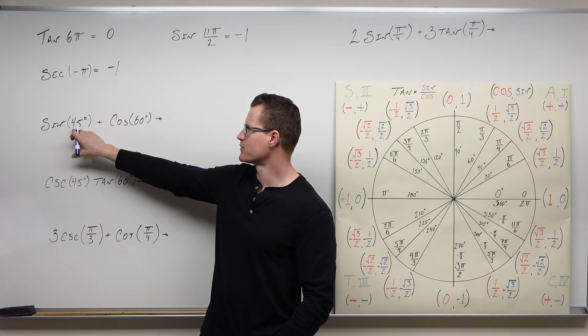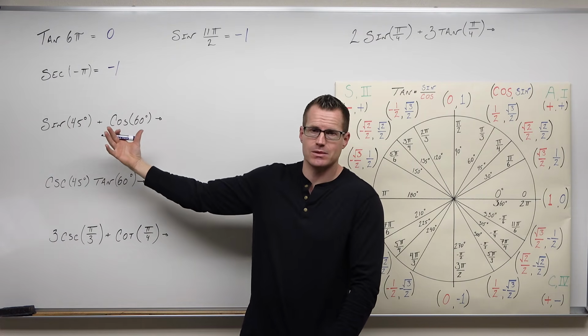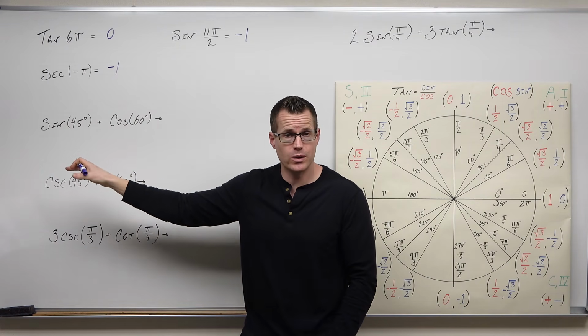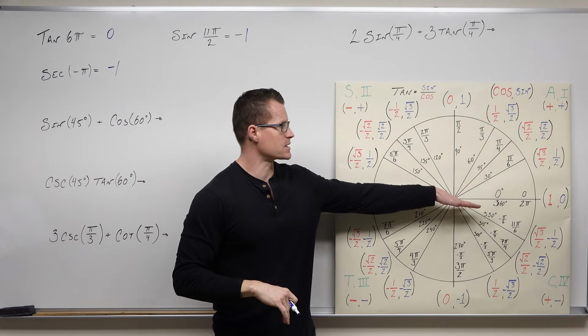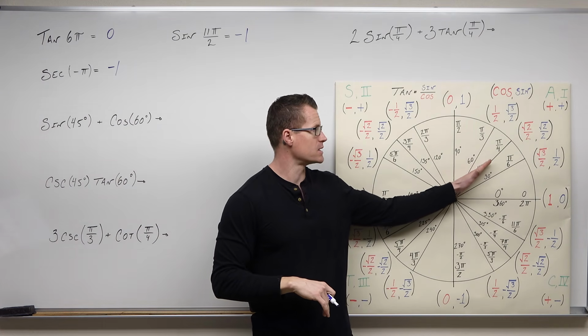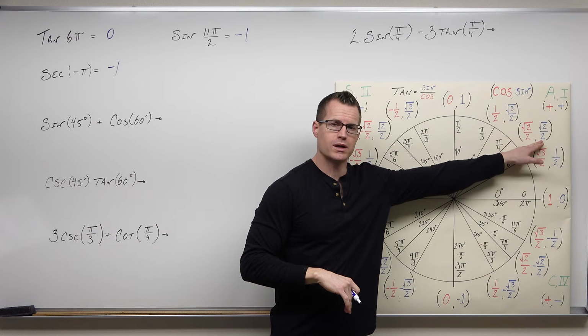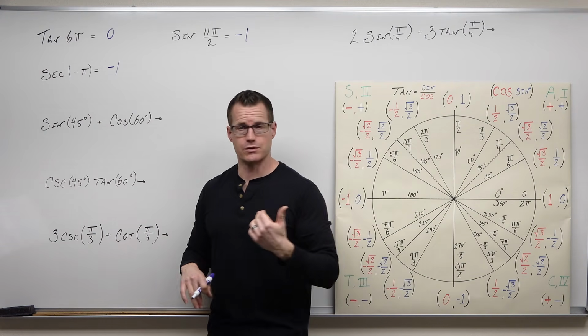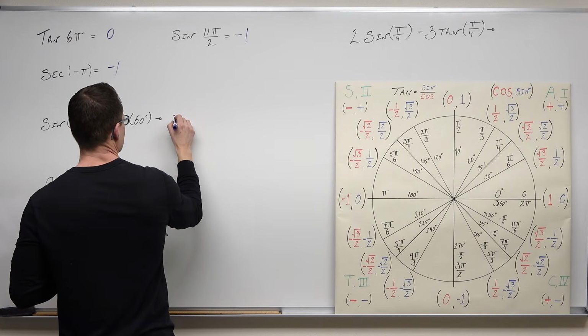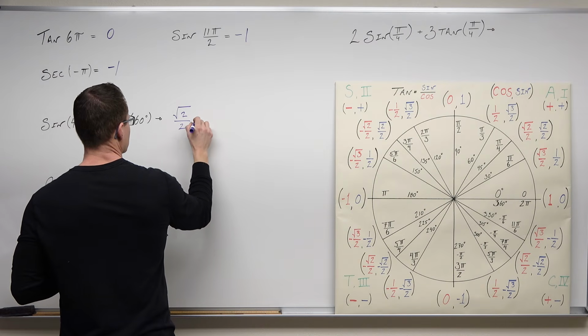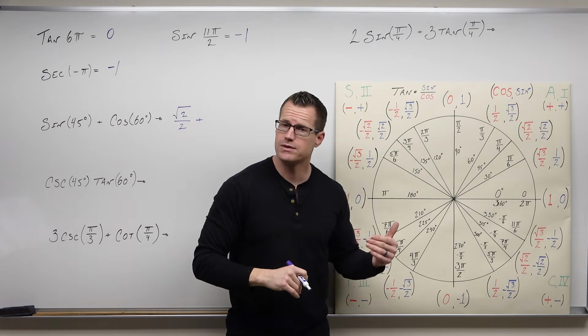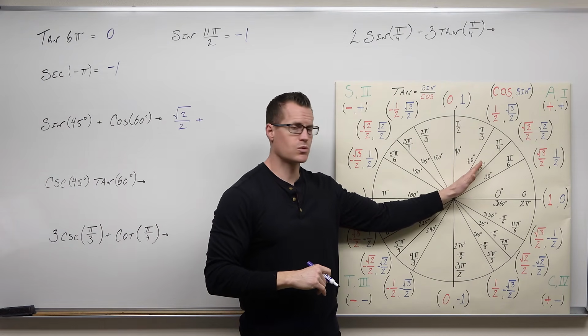So let's take a look at sine 45, cosine 60, and then add them together. It's all that same, so we're going to go quickly through it. Sine of 45 degrees says I'm in quadrant 1. Here's 45 degrees. Sine is the y-coordinate on a unit circle. That's square root of 2 over 2, plus cosine of 60 degrees. Here's 60 degrees, quadrant 1.